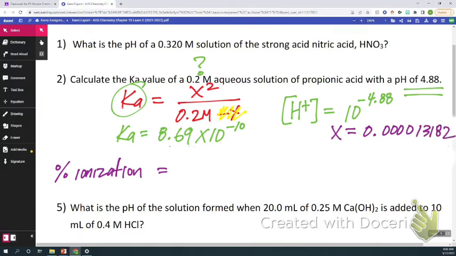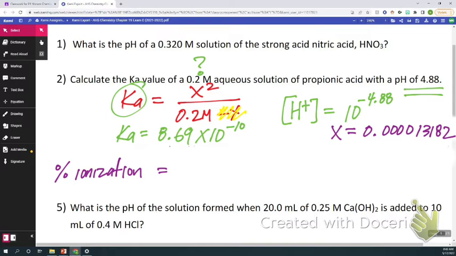So the question is, is that small enough to ignore in the denominator? The denominator is 0.2 minus that. That's such a small number, I think I'm good to go. It just needs to be less than 5% of 0.2. If it's less than 5% of your original molarity, you can ignore x in the denominator.